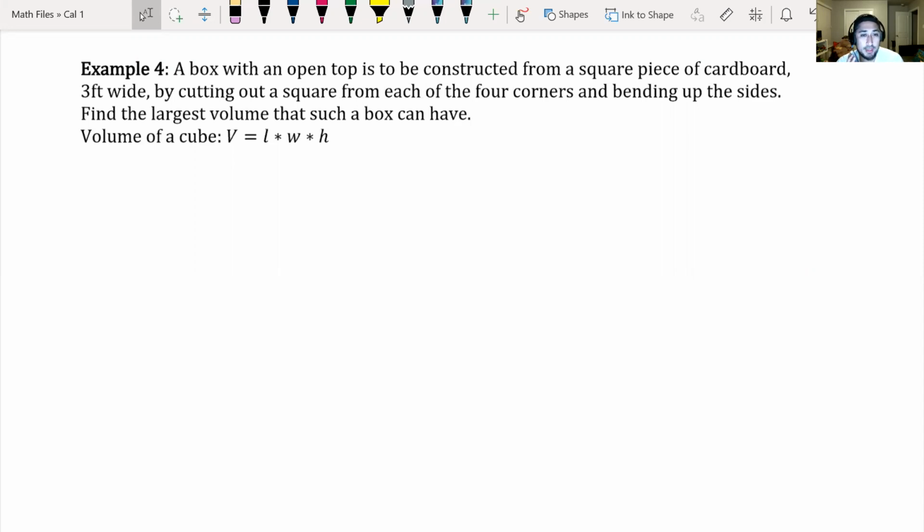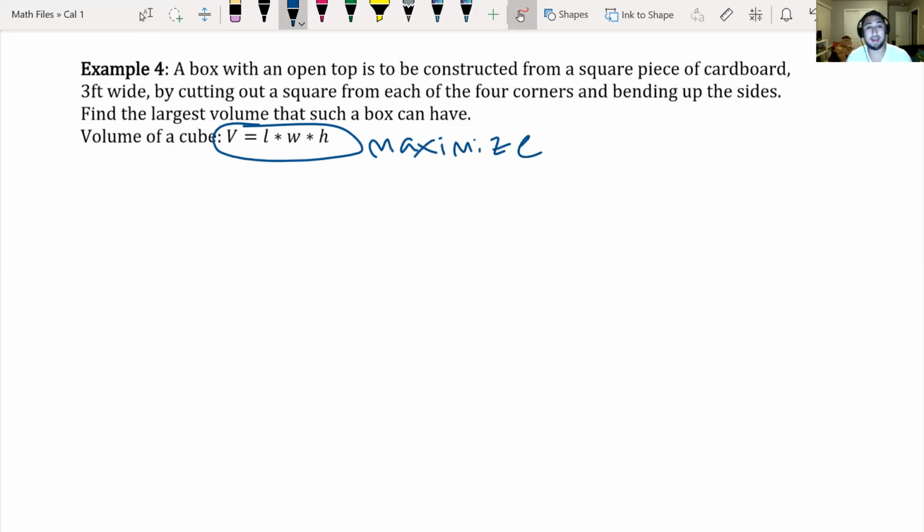Find the largest volume that such a box can have. All right, so we're looking for the largest volume. So our job is to maximize volume. Our goal is to take the volume of the box and maximize it.